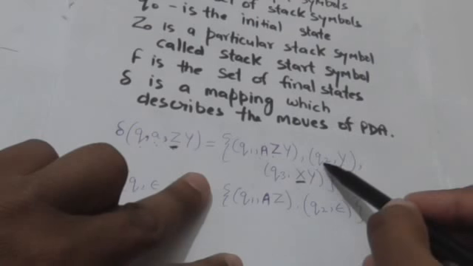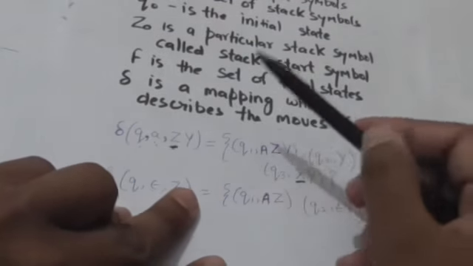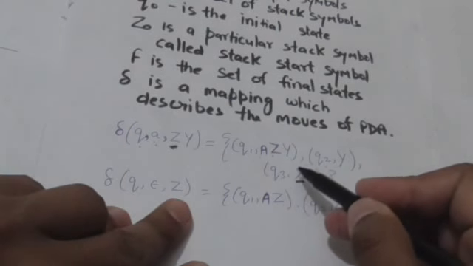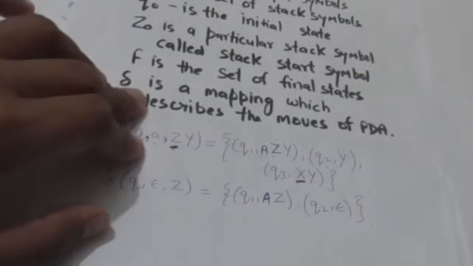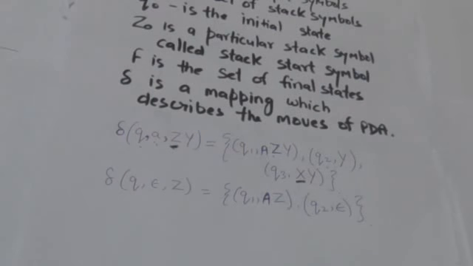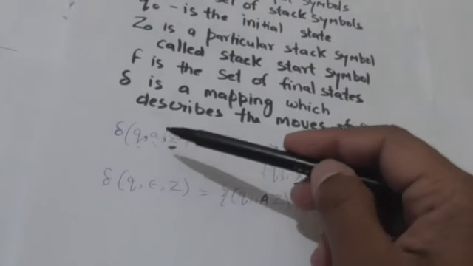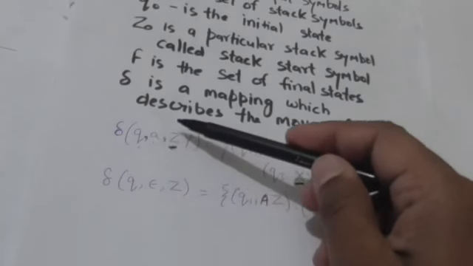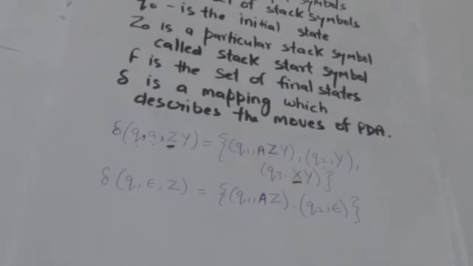When it moves to state Q2, it pops the element Z. When it moves to state Q3, it will replace the element Z by X, right? So when the pushdown automata is in state Q, reads an input symbol A and the top of its stack is Z, it has 3 options, right?